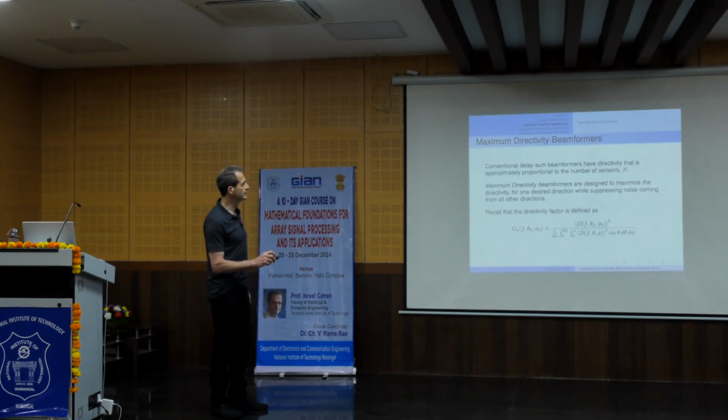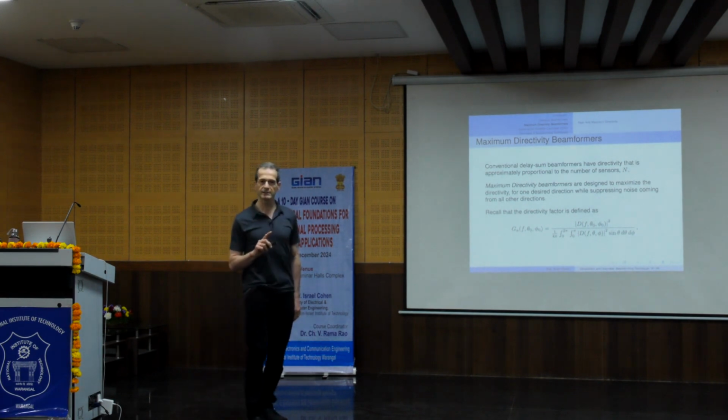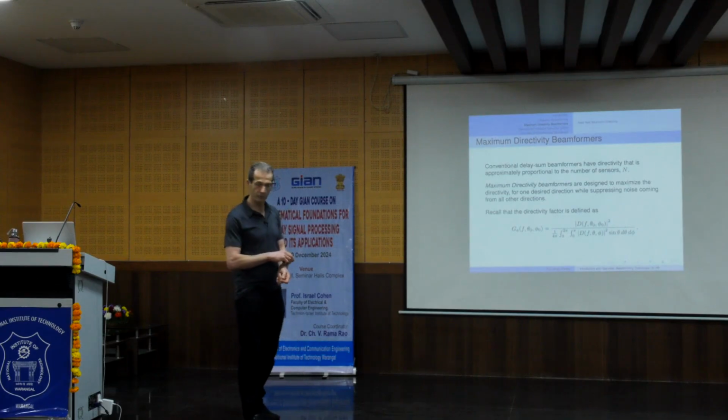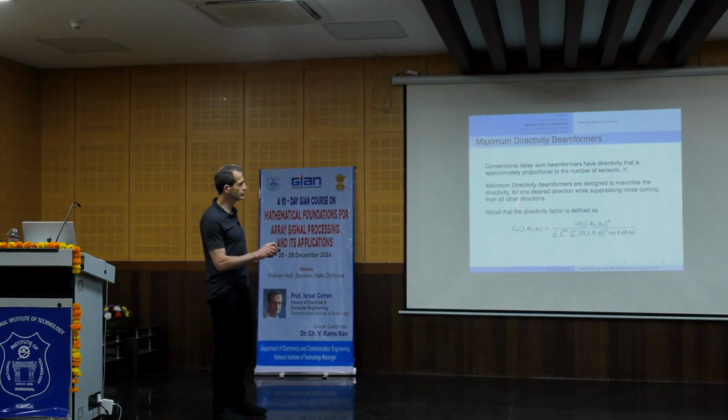We will talk about it maybe later. So how do we maximize this? We need to choose the weights of the beamformer such that this ratio, this is the array gain for diffuse noise, which is the directivity factor, will be maximum.